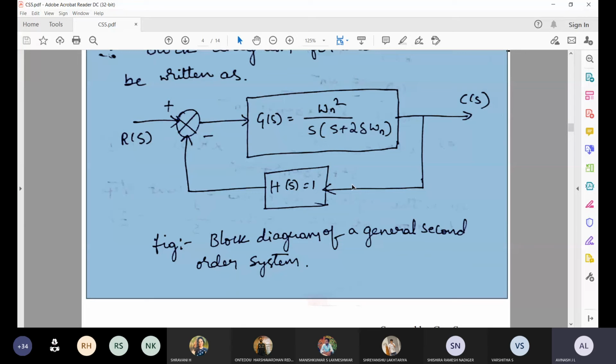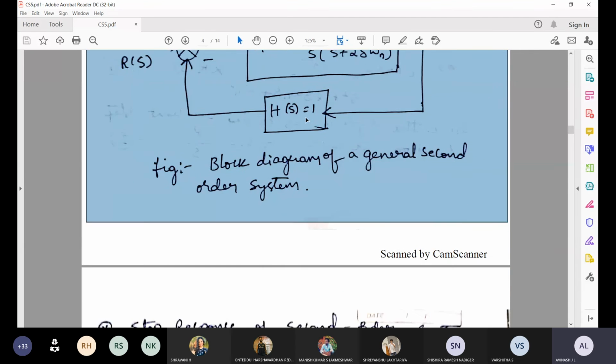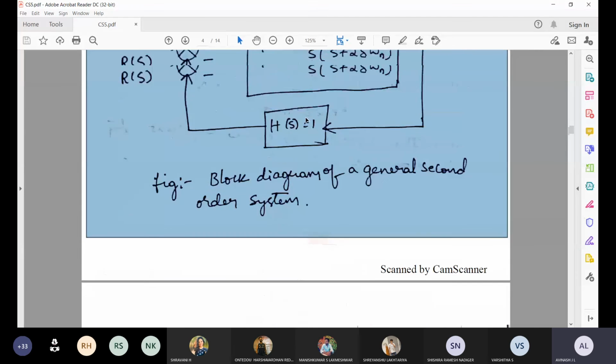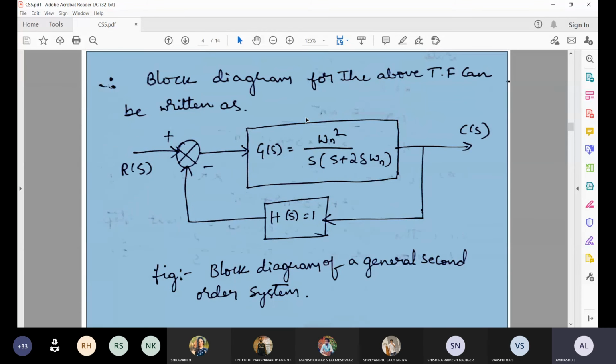Once you take it, you tell me, then we will go to the next thing. Taken? Yes, sir. Taken, sir.